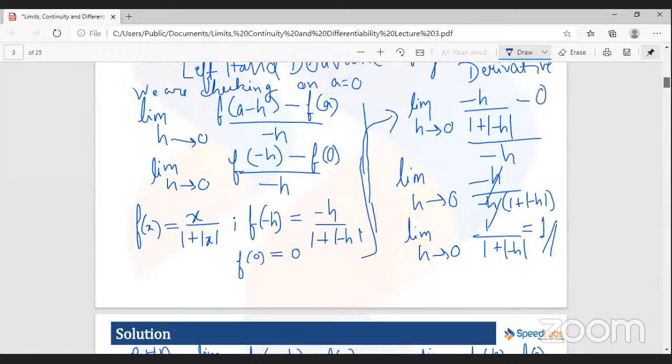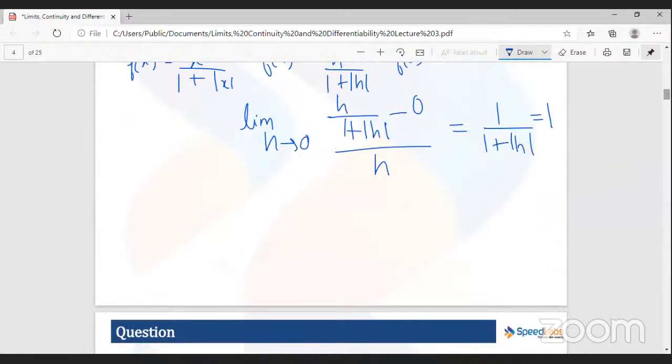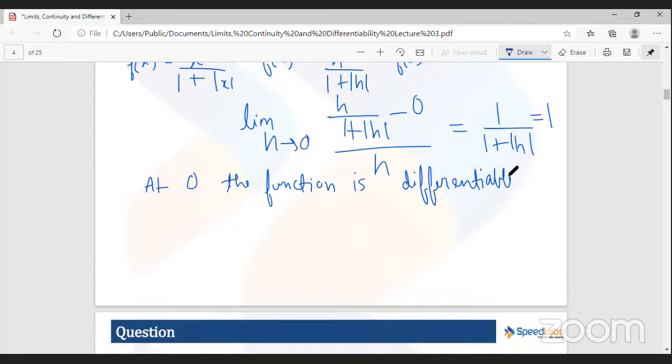Left hand derivative was 1. Right hand derivative is 1. So at 0, the function is differentiable, as left hand derivative is equal to right hand derivative.